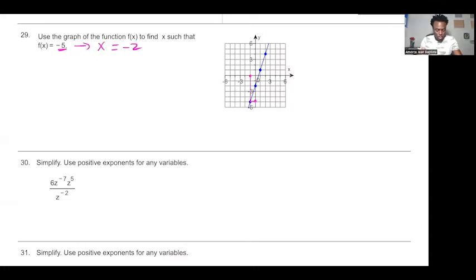So we want to simplify number 1330. We want to simplify this fraction. Now we want to make sure we watch for negative exponents.